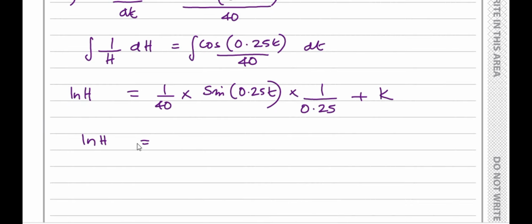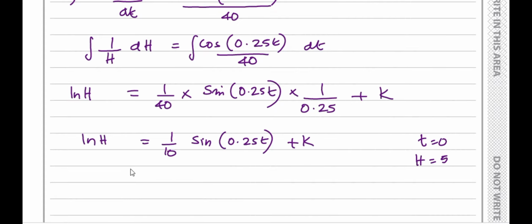Right, so ln h is equal to 1 over 40 times 1 over 0.25, which is 1 over 10, sine 0.25t plus k. In order to solve for k, we have been given additional information in this question. That is, at the start, that is t is equal to 0, h was equal to 5.